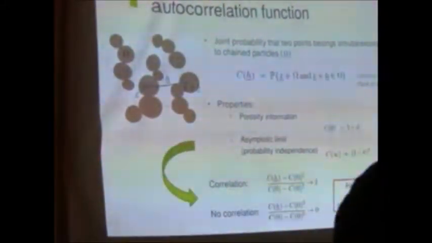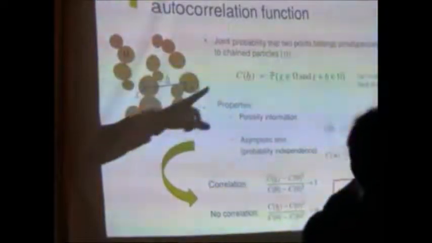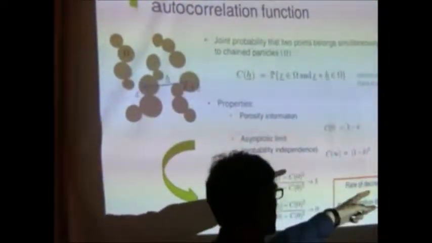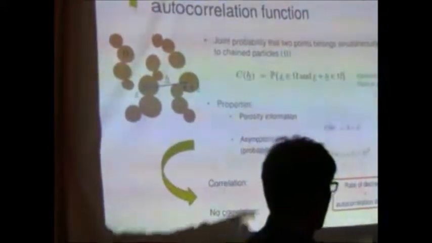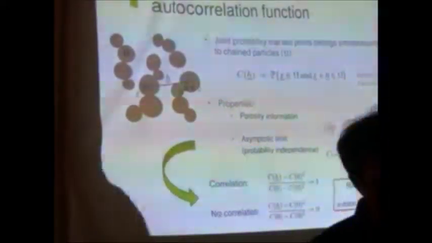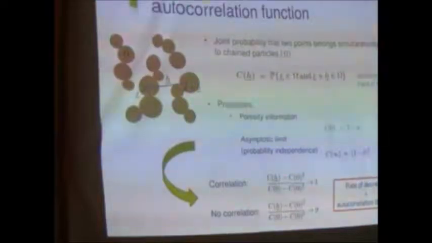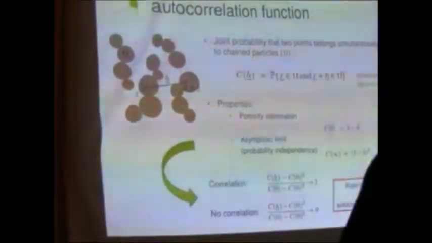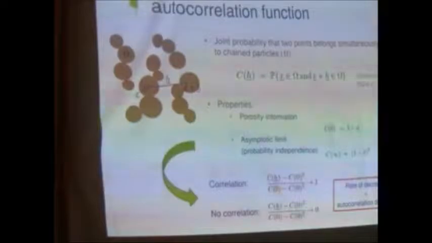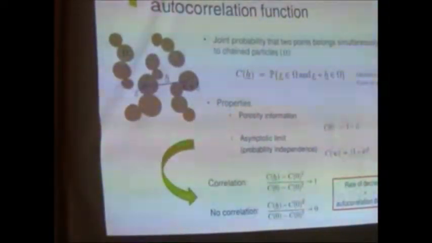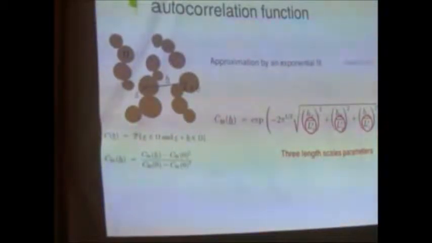Then you can normalize this function by subtracting the initial value and dividing by the final value. This gives you a function that goes from 1 to 0, and the speed at which it goes from 1 to 0 gives you the correlation length of your sample. If the result is 1, you have correlation. If the result is 0, you have no correlation.